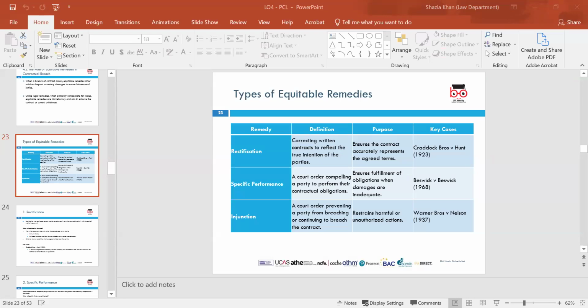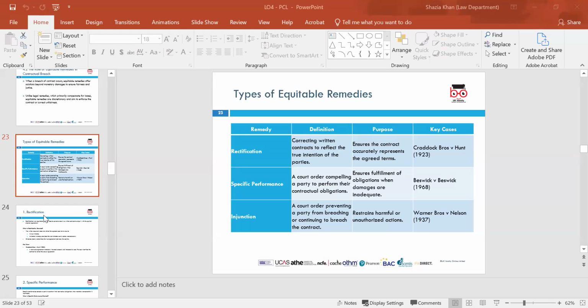Specific performance is the court compelling a party to perform their contractual obligations, ensuring fulfillment of obligations when damages are inadequate, the case of Beswick and Beswick, 1968. An injunction, which we went through a little bit earlier as well, is a court order preventing a party from breaching or continuing to breach the contract, restraining harm or unauthorized actions, Warner Brothers and Nelson, 1937.